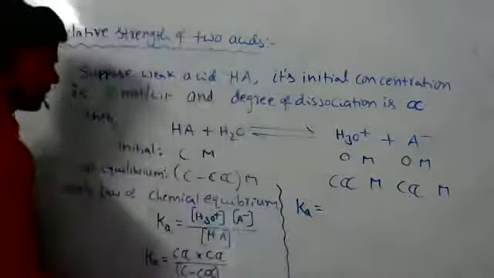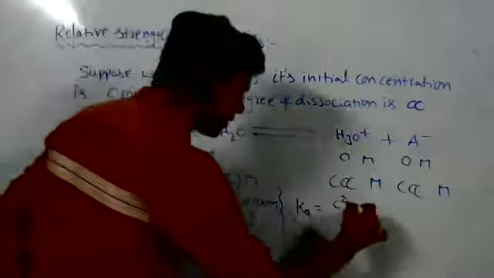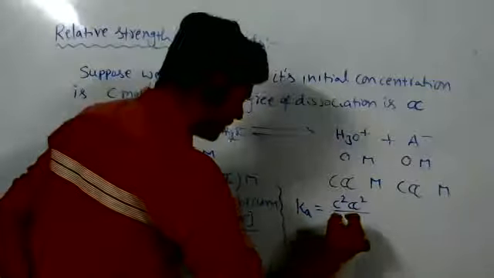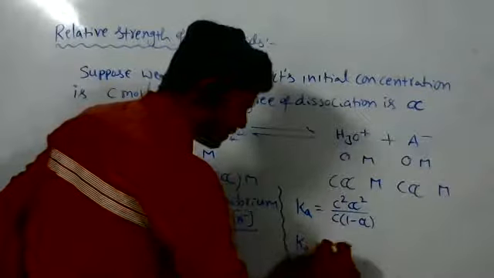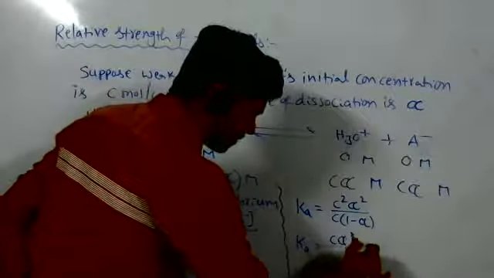Ka is equal to C square alpha square divided by C times (1 minus alpha). So C cancelled: C alpha square by (1 minus alpha).